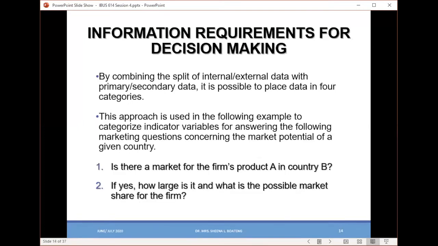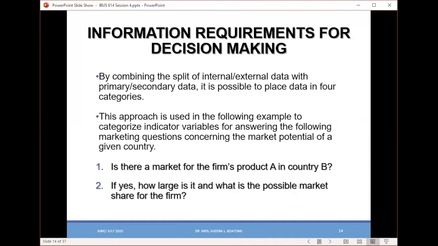Okay, so like I said earlier, you need information from within the firm, which we refer to as internal data, and then externally from the micro and macro environment. At the same time, you also need primary data. And primary data is data that is collected for a specific purpose. And then secondary data is data that has been collected from other purposes that you are utilizing for your purpose.